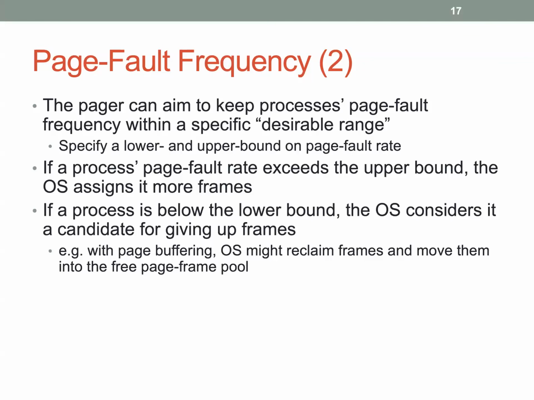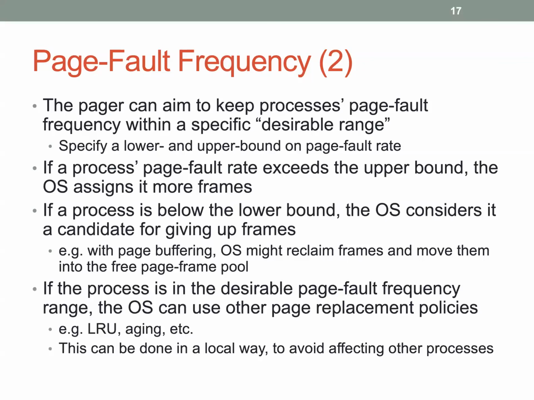If the process is below the lower bound, the OS considers it a candidate for giving up frames. Remember we talked about page buffering a couple of lectures ago. You could start just taking away frames based on usage, of course, but you can start taking away frames from that process because you say, your page fault rate is really low. I think you'll be fine if I take away some frames.